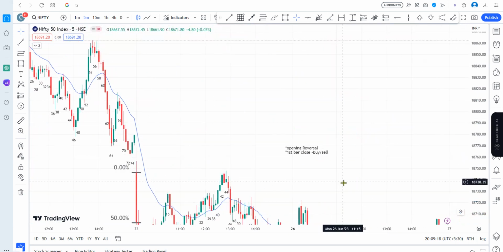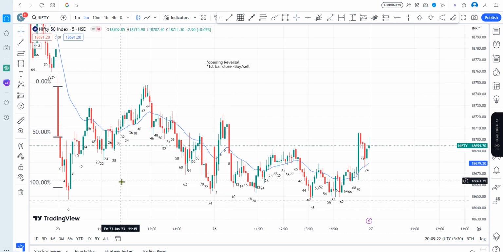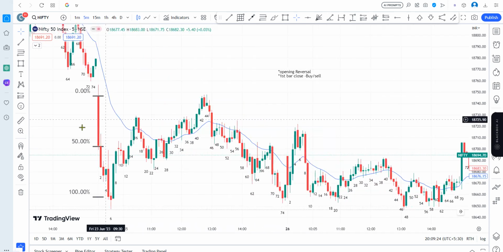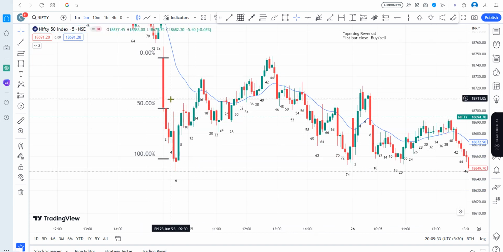Okay, another approach is the opening reversal trade. Look, this is the best scenario for first bar close and also the best scenario for opening reversal. In opening reversal, we are finding an opposite bar, which is itself good looking. So this is the bull bar.